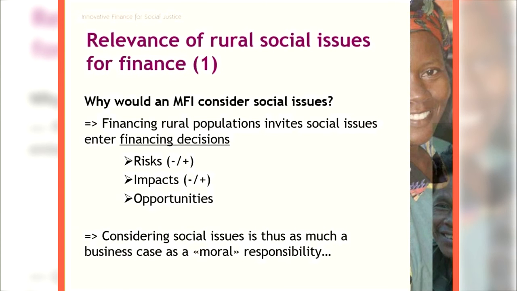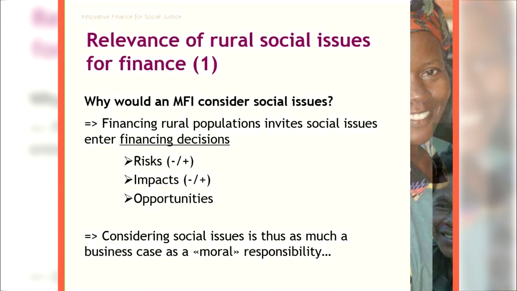The next question is, so why is this relevant for rural finance? Why should an MFI consider these issues? Well, when financing rural populations, that actually invites these social issues entering the financing decisions. Because to all these issues, there are risks related. Some negative risks, sometimes positive risks. Impacts that then actually materialize out of these risks, but also opportunities.